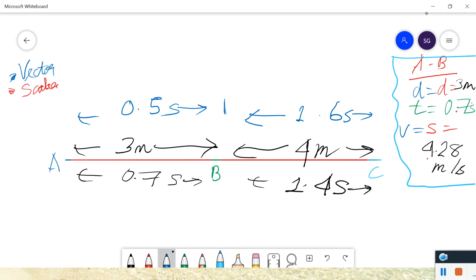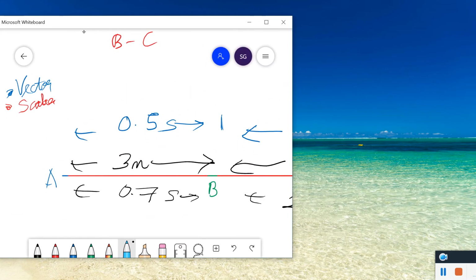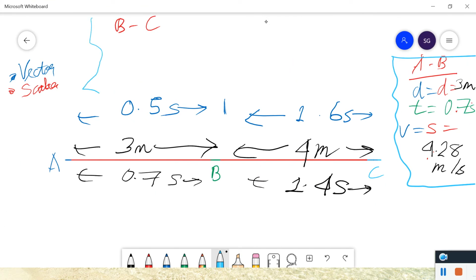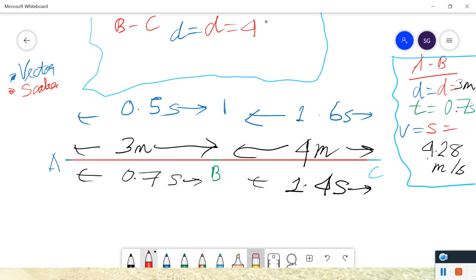Now we will analyze B to C. This part. Okay. So here distance is equal to displacement is equal to 4 meter.